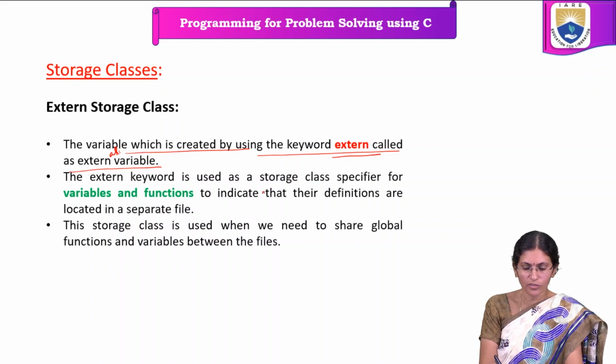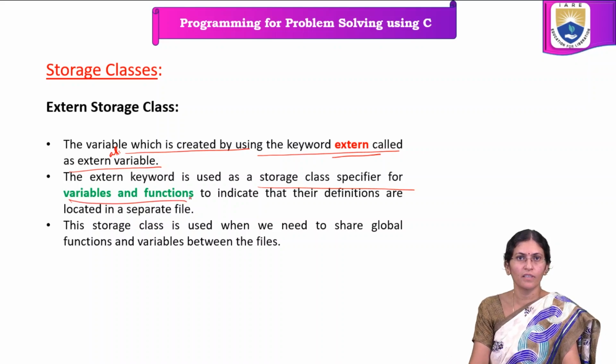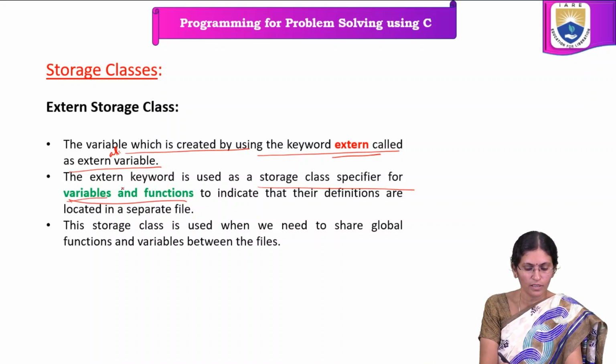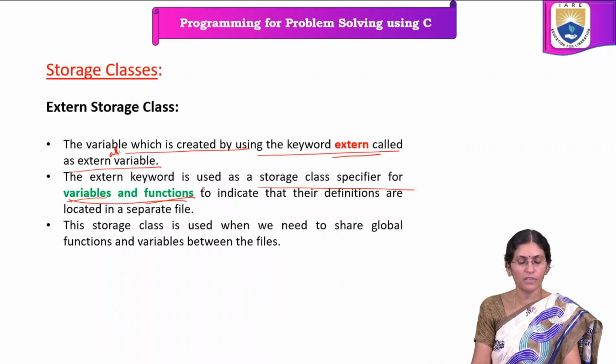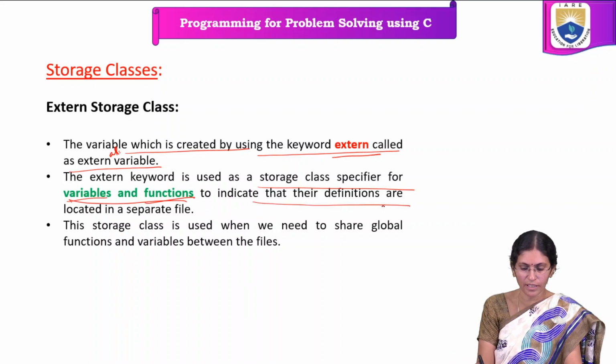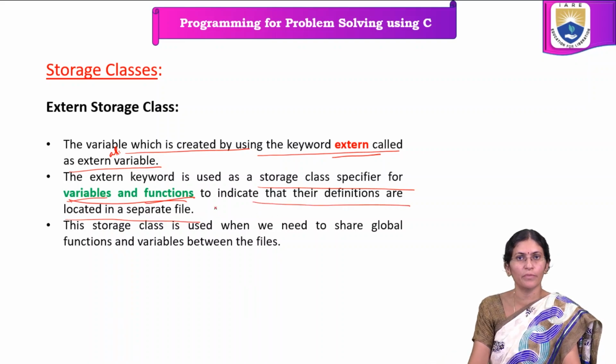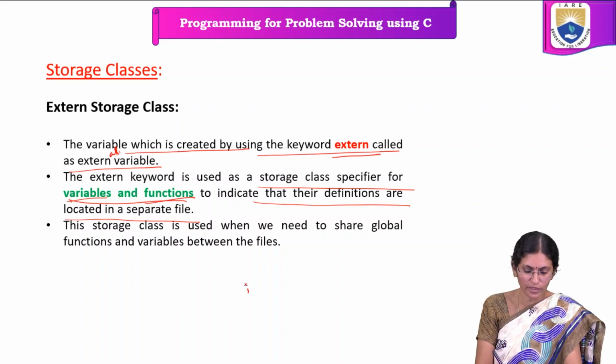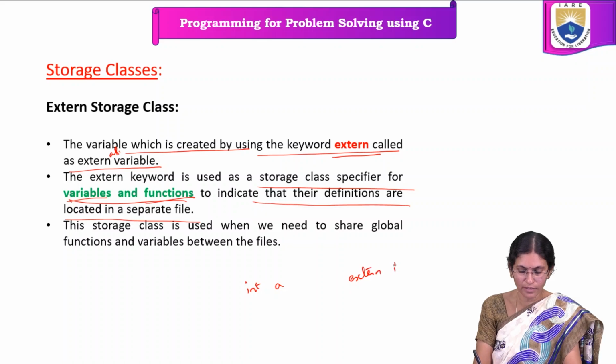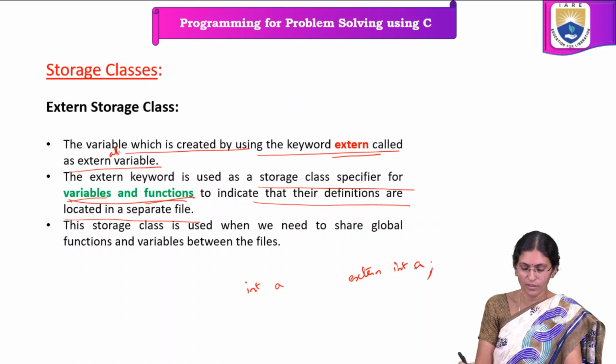The extern keyword is used as a storage class specifier for variables and functions. This keyword can be used as a modifier for variables as well as functions to indicate that their definitions are located in a separate file. Suppose we write int a and extern int a. What is the difference between these two declarations?